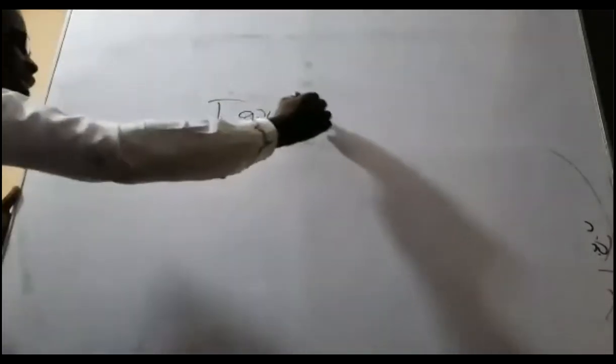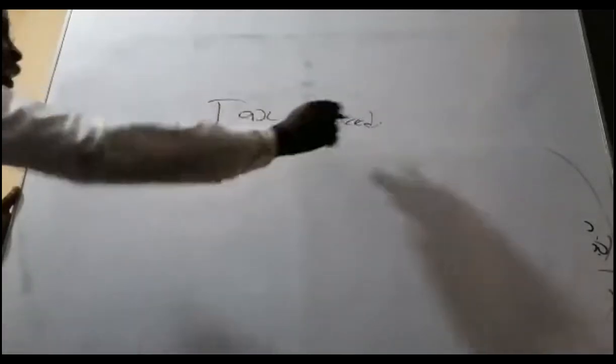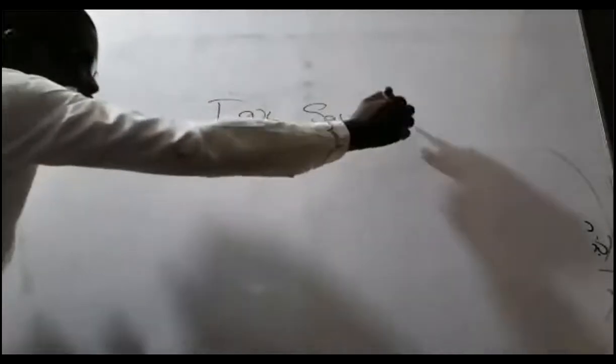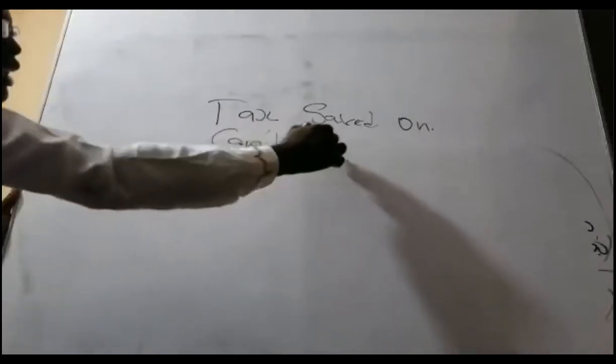Papa Ajasco. So tax saved on capital allowance. Let me explain that one first, then we need to solve this question. Tax saved on capital allowance. You saw it in the format.